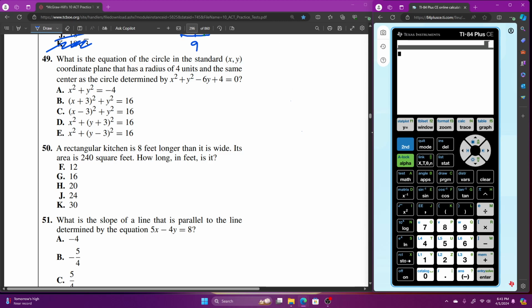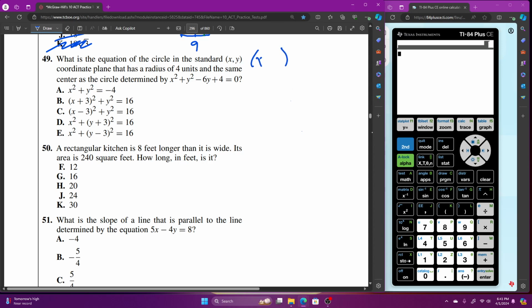So I know my equation of a circle says x minus the x coordinate of the center. I think the center is called HK, like this.